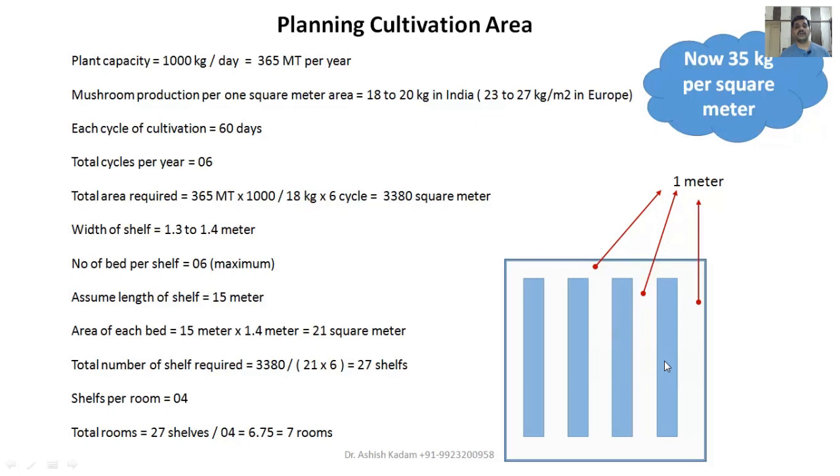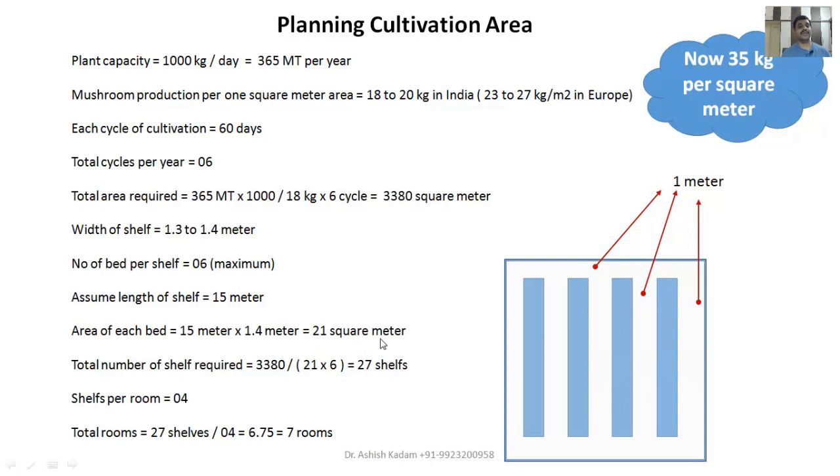In Europe, in foreign countries, in Canada, people are measuring the air velocity at the level of the button mushroom, at the height of the button mushroom, on the entire bed of the farm. That is how they are planning, that is how they are taking care, and that is the reason they have reached this number of 35 kg of production per square meter. So planning, design, engineering, these are very important aspects of this project.